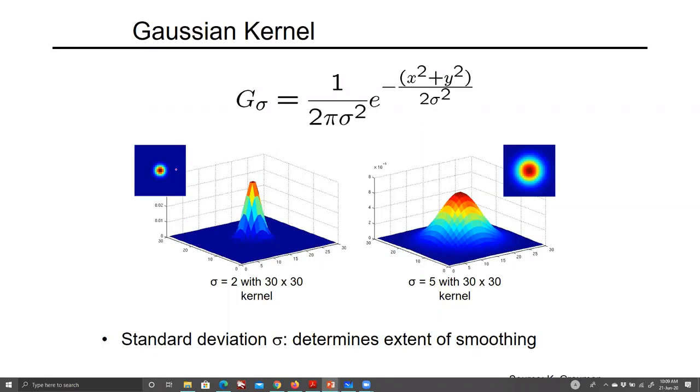When sigma is very small, this kind of surface will be created. What will be the impact on the smoothing? Basically, it will only consider very few points, or very nearby points, to average out, maybe 4 by 4 or 3 by 3, because its impact will be felt on very few pixels.